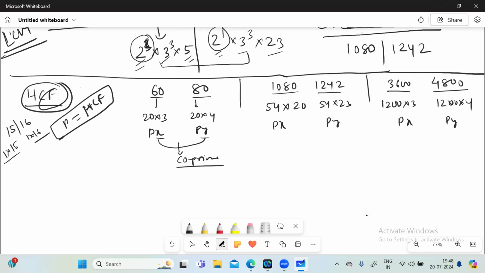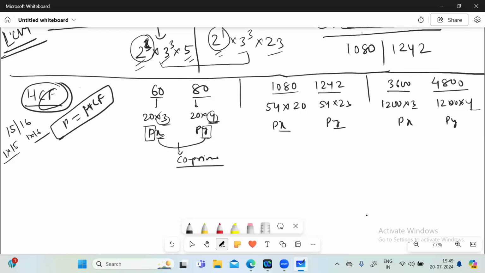What I mean is, you cannot find any other common factor between these two, because if there was any other common factor, it would have been increased, or we would have collected that into our HCF only. So the HCF itself defines that other factors of the numbers will not have any common factor, which means X and Y will always be co-prime. So you can just see here 20 and 23 are co-prime, and 3 and 4 are co-prime. Here also you have 3 and 4.